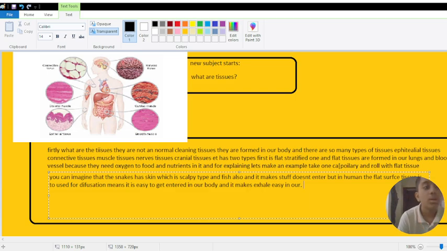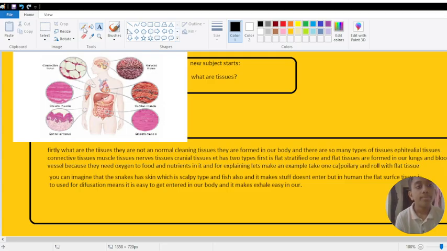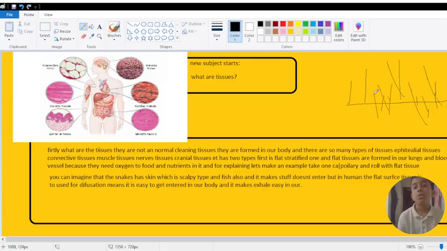Now let's move to another one, which is connective tissues. Connective tissues are hairy type, which means they have one flat surface, and on that flat surface they have hairy type materials. They can be found in our windpipe.